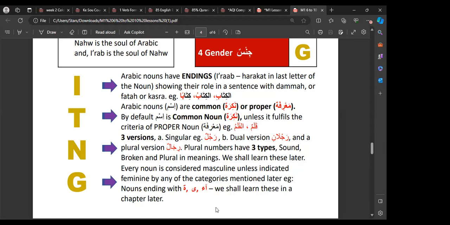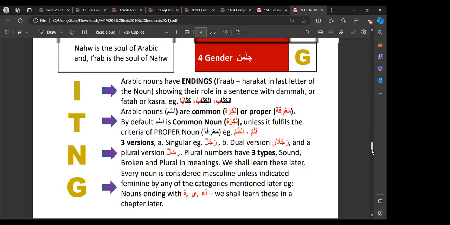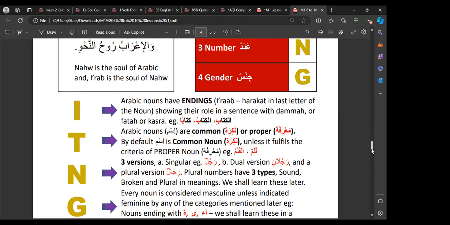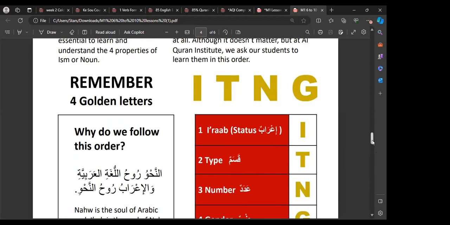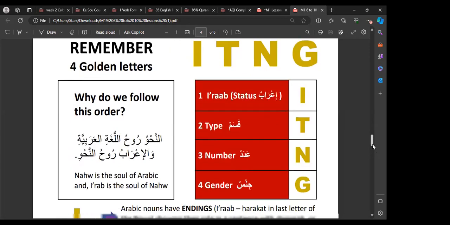We shall learn these in a later chapter, inshallah. So these are the four properties that we will learn everything about, inshallah. Through this, we'll be able to analyze a noun and its role in a sentence and know everything about it, inshallah.